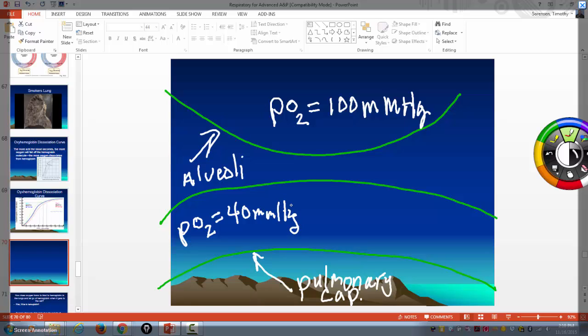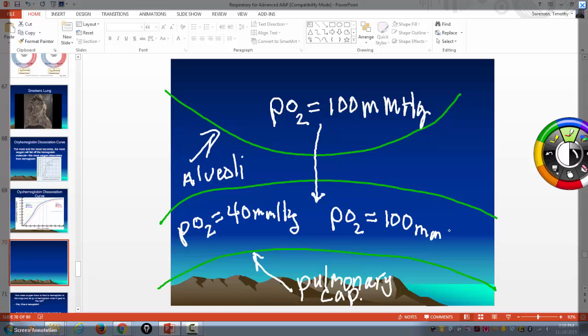So where do things go? They always go from high to low. In this case, it's from high to low pressure. So oxygen will move from the alveoli, get dissolved in the plasma until the PO2 of the alveoli and the PO2 of the pulmonary capillary are equal.